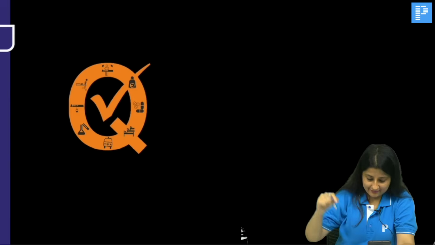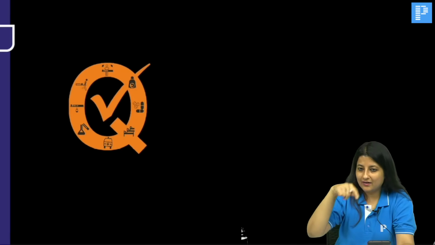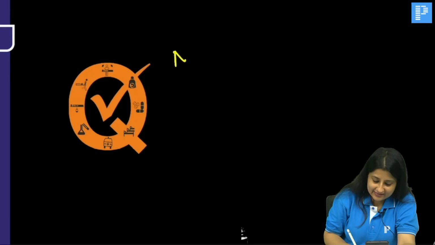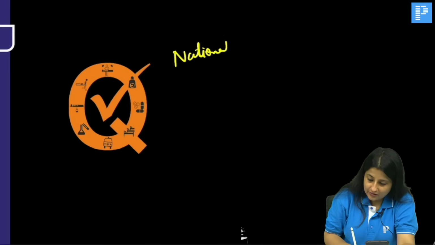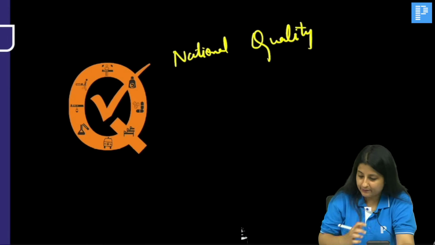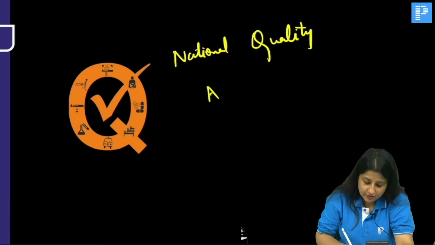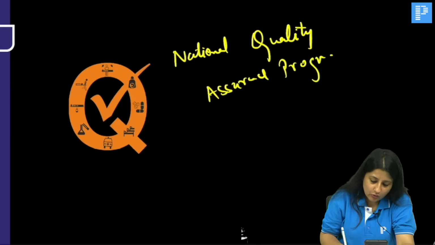Think. Tick. Q. Something to do with quality. Okay, this is the National Quality Assurance Program. Now for quality we have a lot of things, guys.